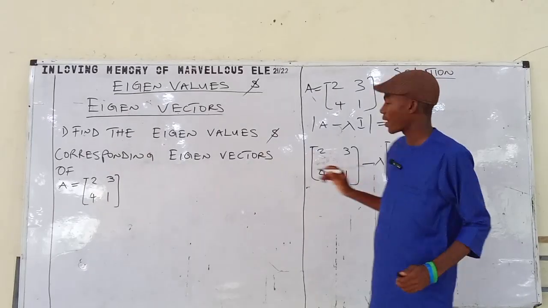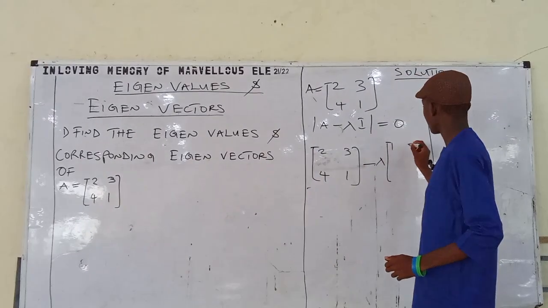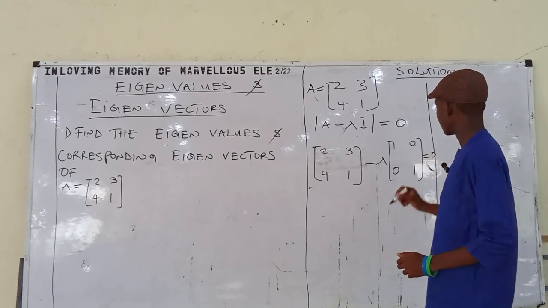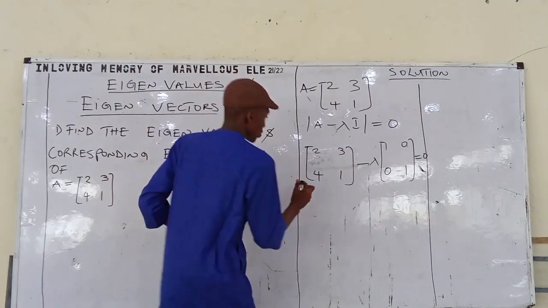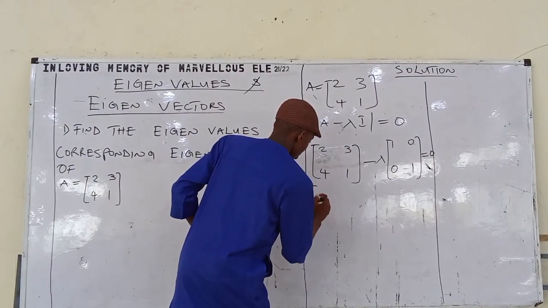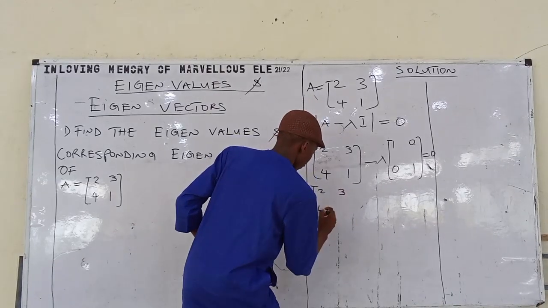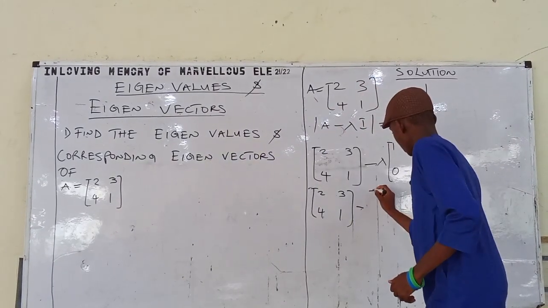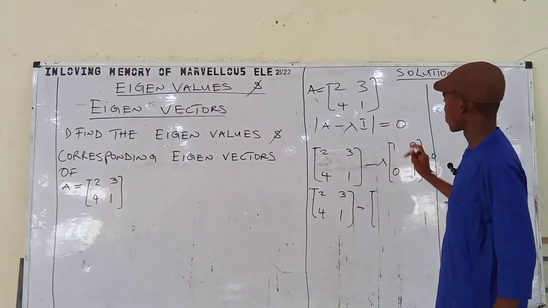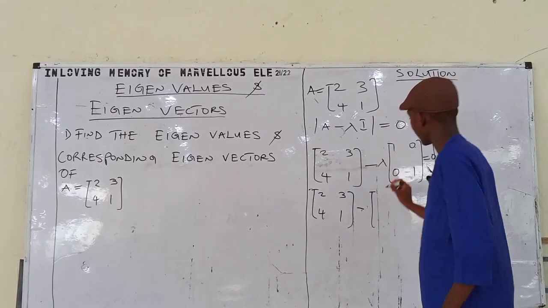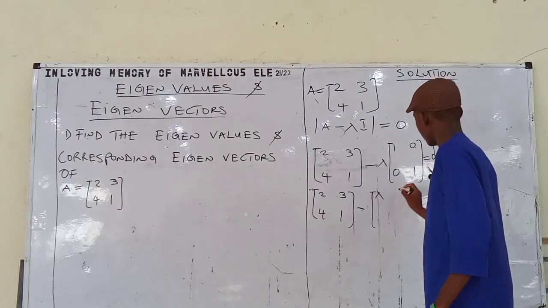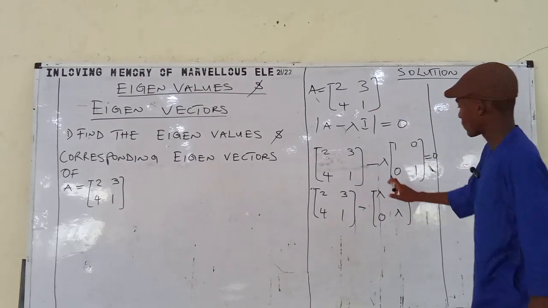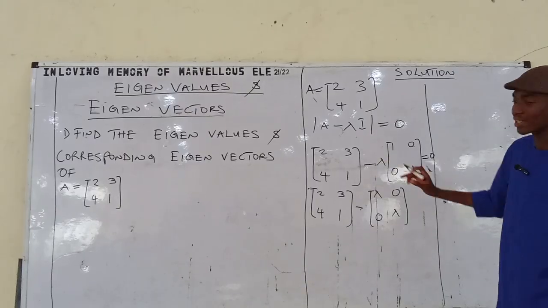This is a 2 by 2 matrix, so our identity matrix will be 1, 0, 0, 1, equals 0. So we have 2, 3, 4, 1 minus lambda times 1, lambda times 0, 0, 0, and lambda. We multiply our identity matrix by our lambda.